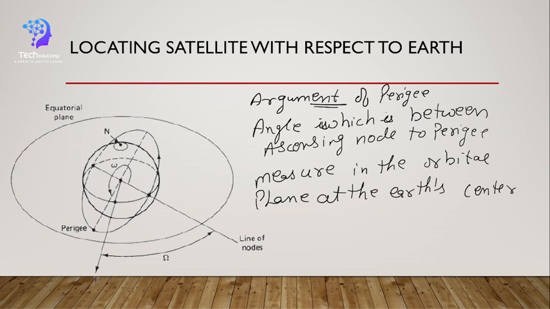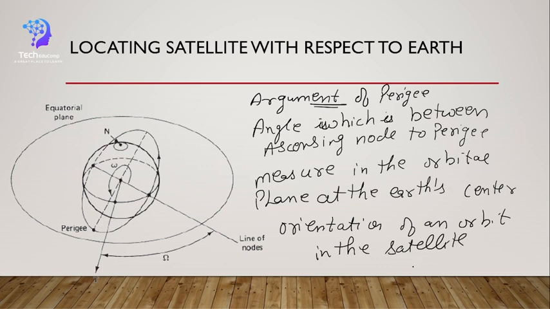It defines the orientation of an orbit in the satellite plane, and it is denoted by omega. As you can see here, this is the argument of perigee.